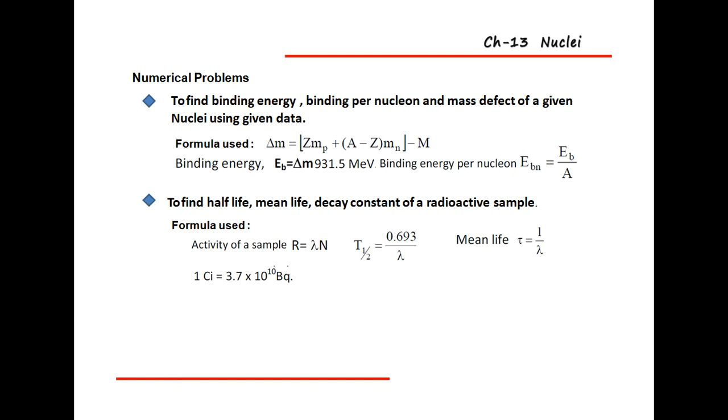The formula used is delta m equals Z Mp plus (A minus Z) Mn minus M, and binding energy EB is equal to delta M times 931.5 mega electron volt, and the binding energy per nucleon is EB by A.